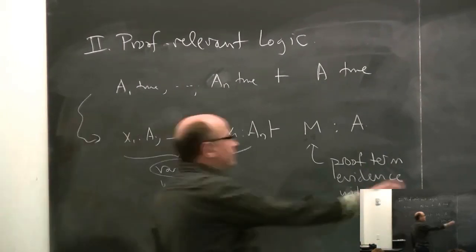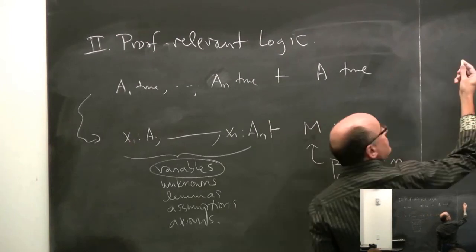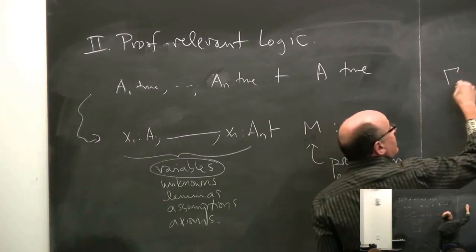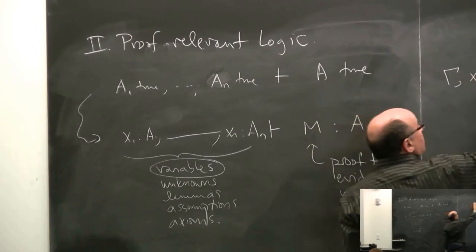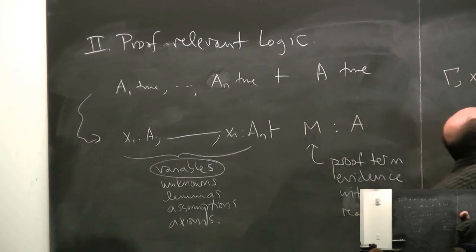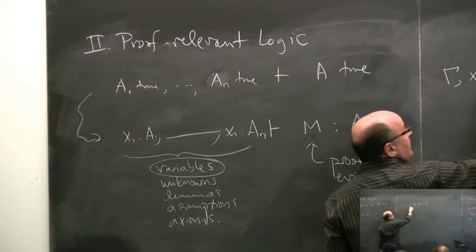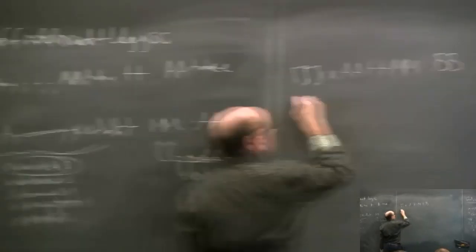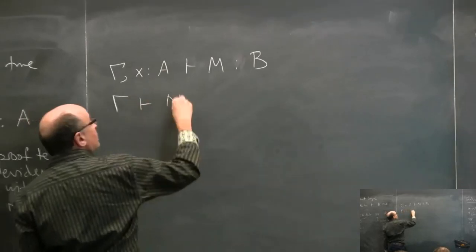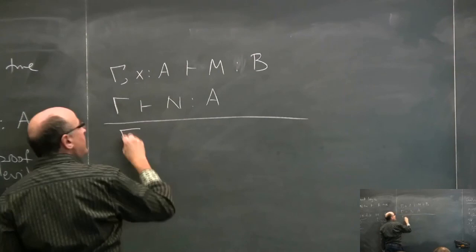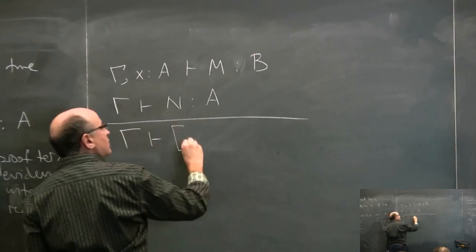So in particular, to finish for today, let's revisit what the rule of transitivity says in this notation. If I have a proof of B from an assumption A, call that assumption X, and I have a proof of A, then I can combine those using an operation called substitution.